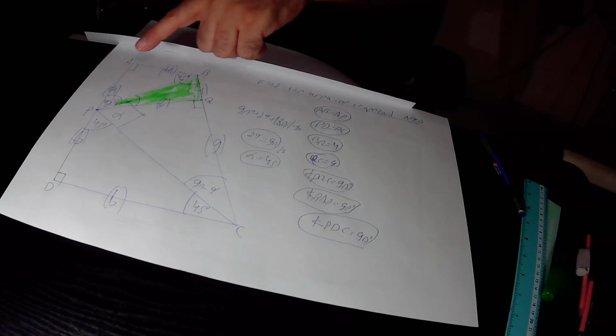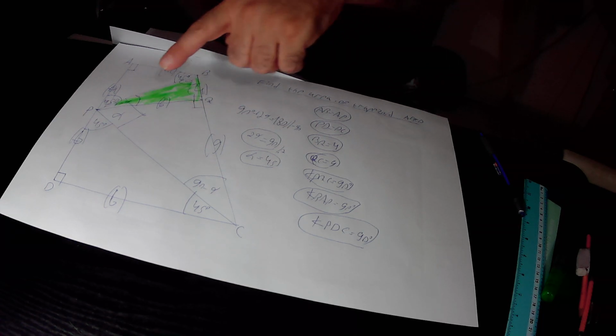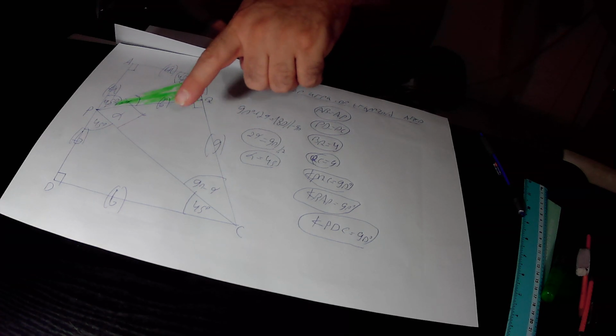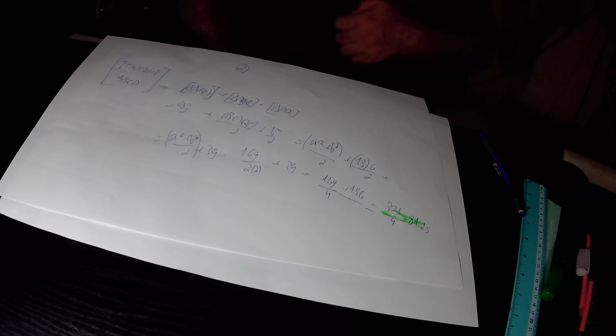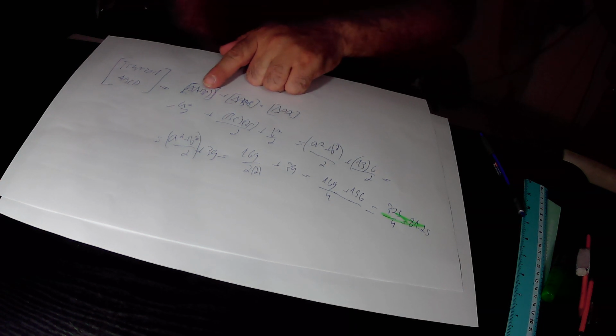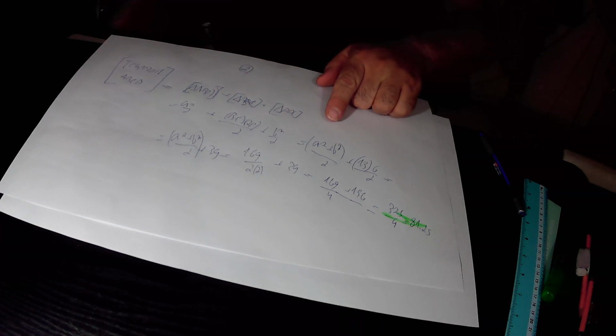Plus the area of this right triangle PDC. The area of this right triangle PDC is equal to the base DC times the height DP over 2. So it is B times B over 2, that is B squared over 2. Okay, we have here A squared over 2 plus B squared over 2, which equals A squared plus B squared over 2.